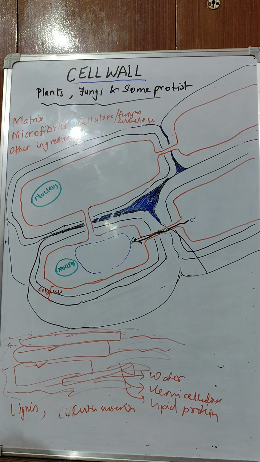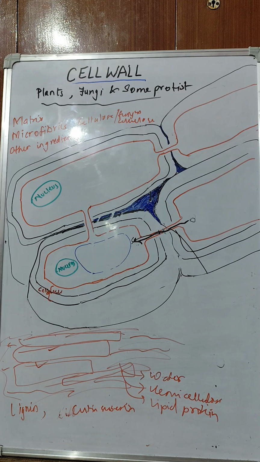So various ingredients are present in the cell wall for their thickness, and they help in making it more tough, or you can say more rigid. So all these materials will form the cell wall.